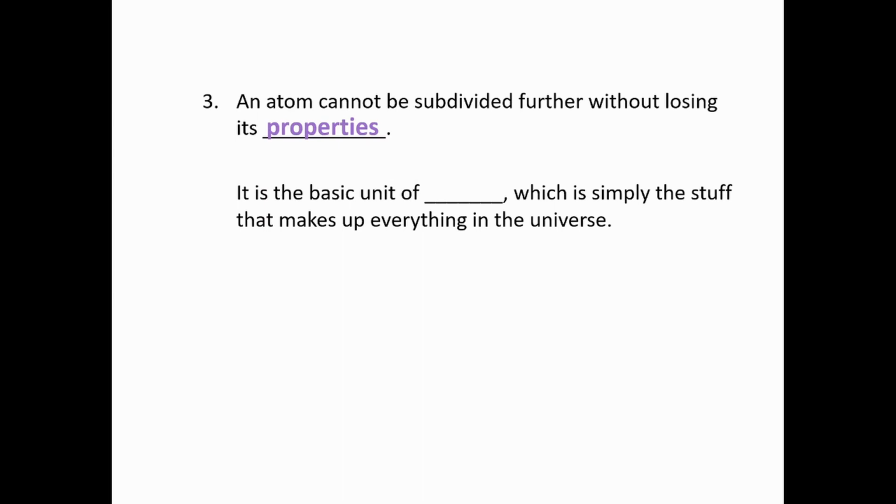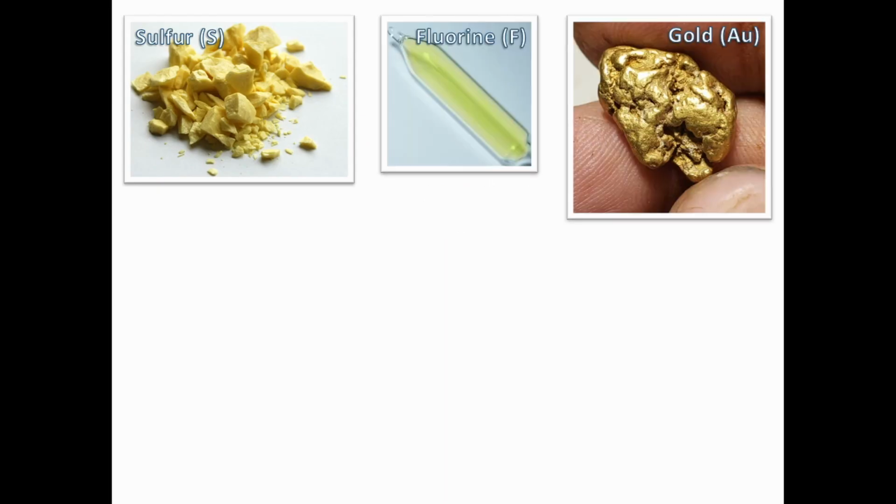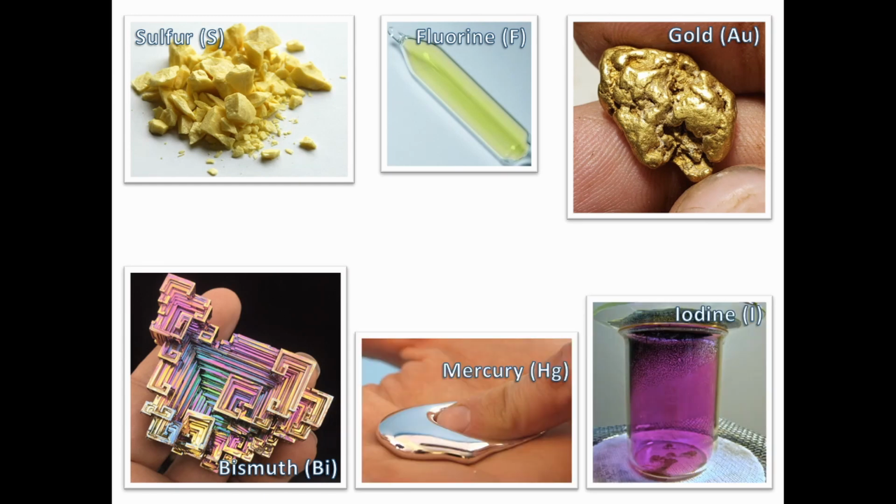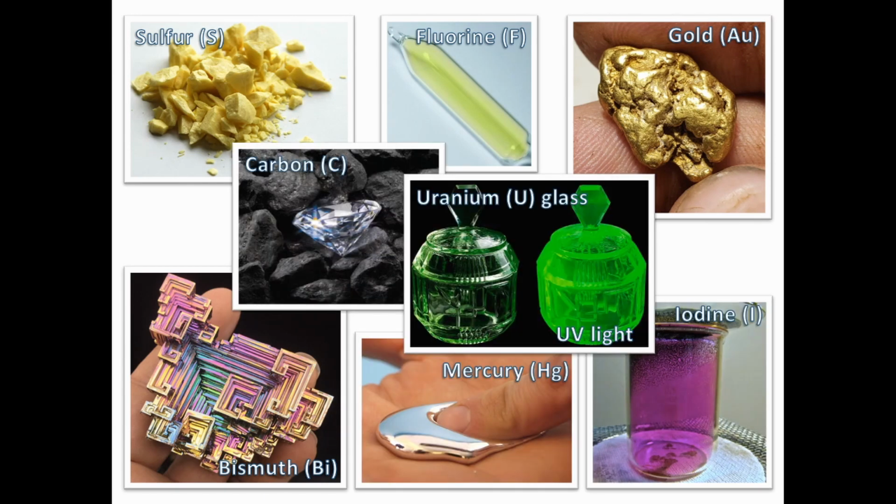An element, you could have many atoms of the same structure, the same kind of makeup, with the same properties. So an atom is a basic unit of matter, which is basically what makes up everything that ever exists in the universe. So here's some examples: sulfur and fluorine, gold, bismuth, mercury, iodine, carbon, and uranium.